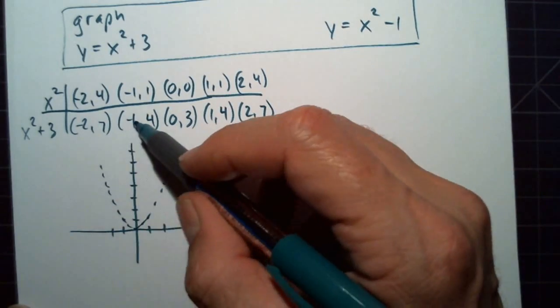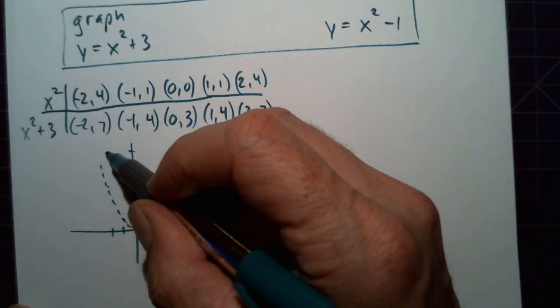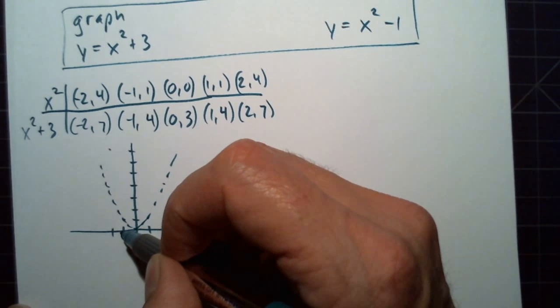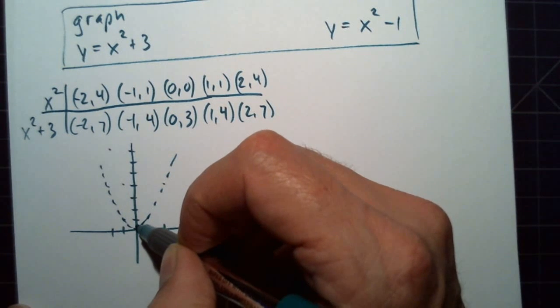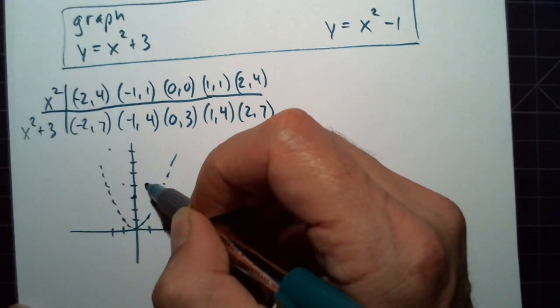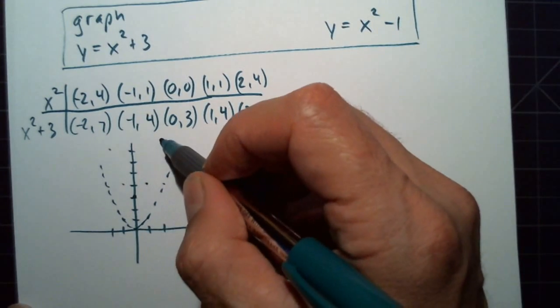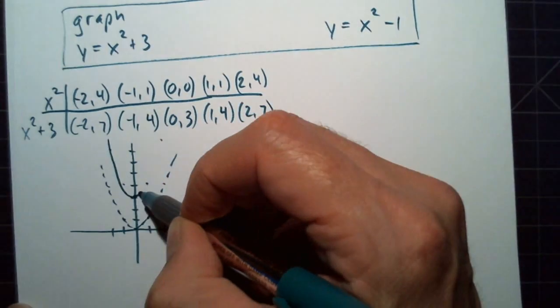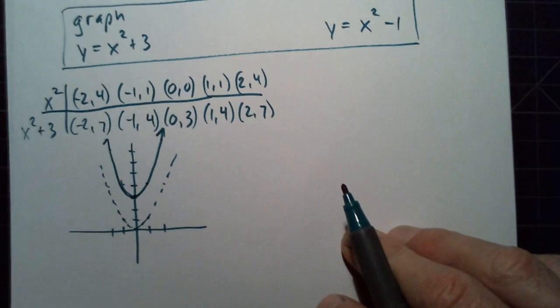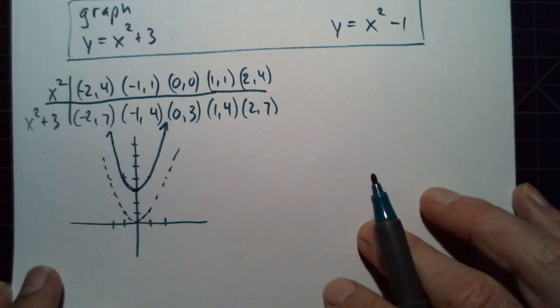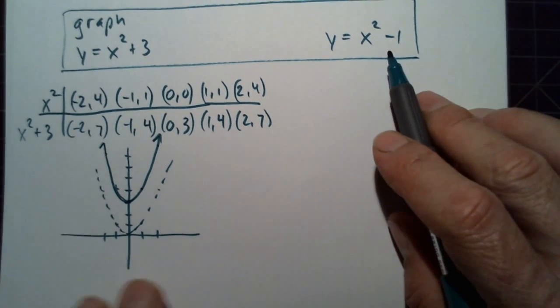Then we'll just plot these points. -2, 7, -1, 4, 0, 3, 1, 4, and we can see the translation up. Okay, pause the video and try this one.